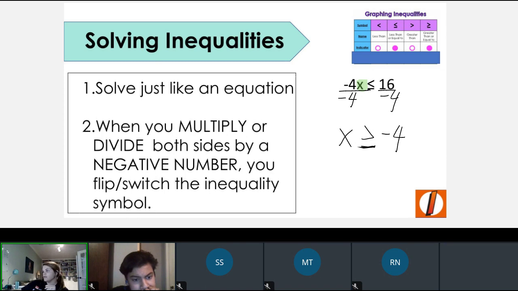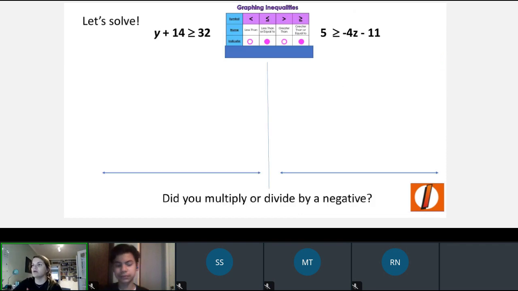Other than the flipping of the sign, solving inequalities is the same exact steps and method as solving equations, which is what we were working on last week. So let's try another one.